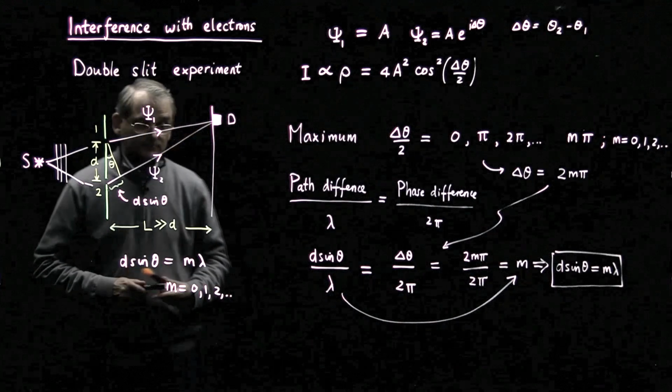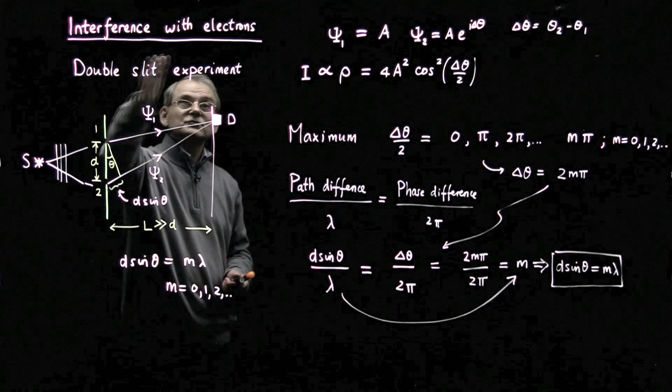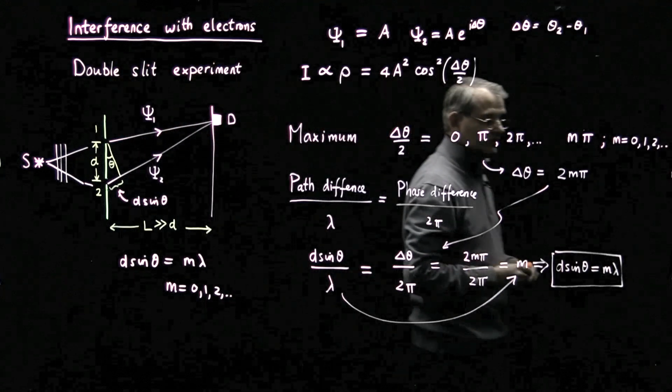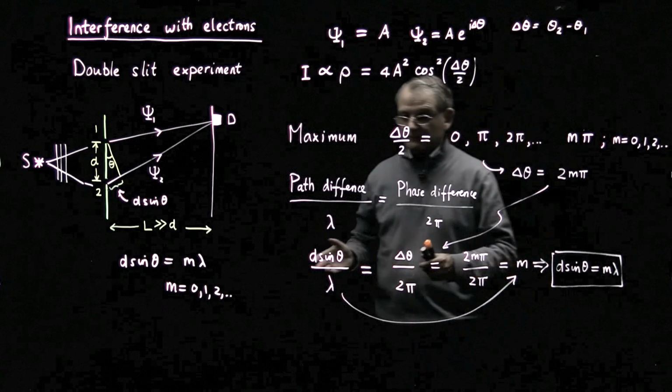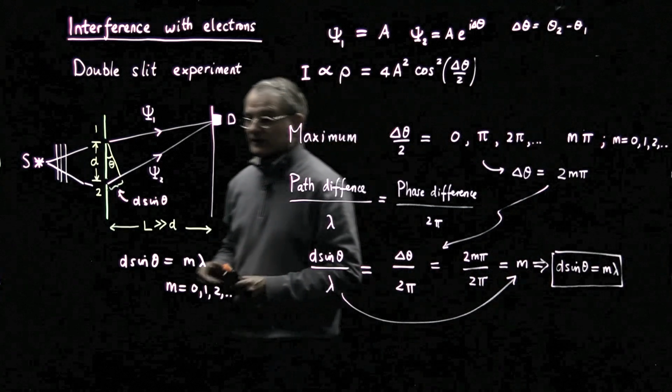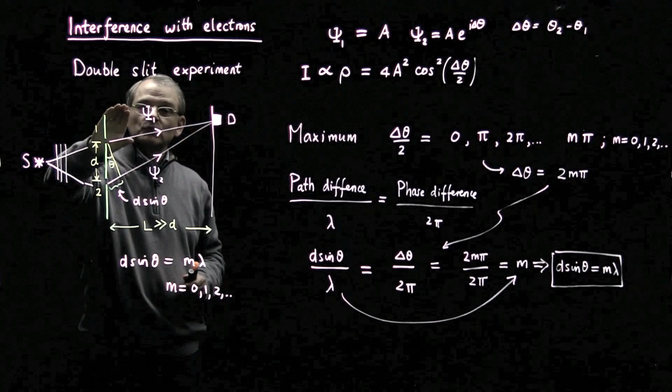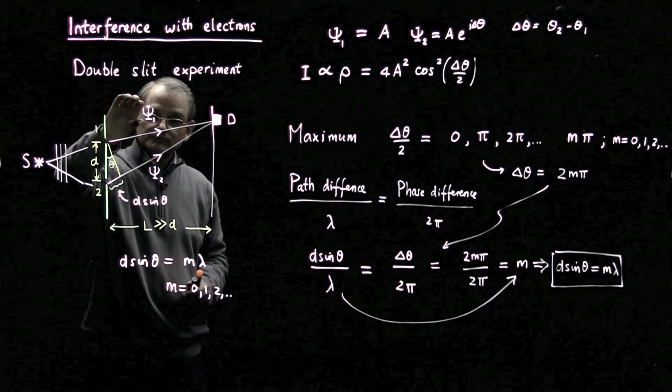So to recap, the notion of interference with particles, in this case we've discussed electrons, but it could be protons, neutrons, atoms, or even molecules, is predicated on the quantum mechanical description of the particle by a wave function.